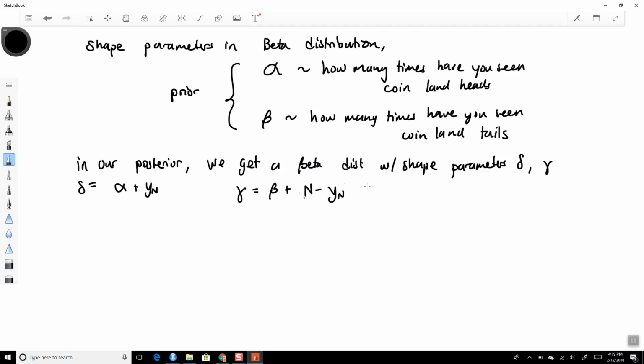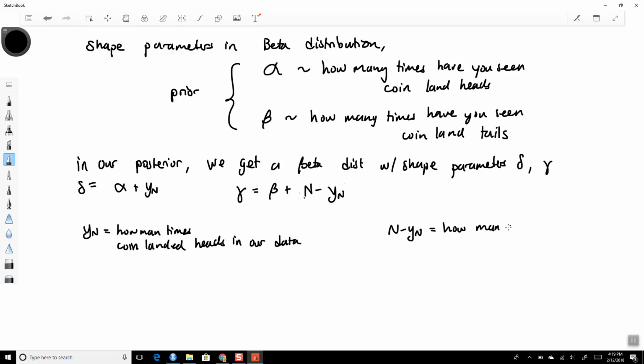So we have that in our notes. What does this mean? Y sub n is how many times the coin landed heads in our new set of data, and n minus y sub n is how many times it landed tails in our data.